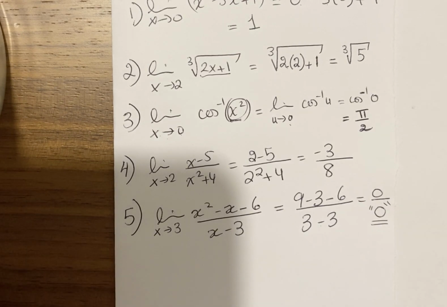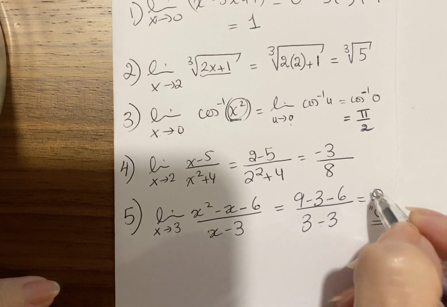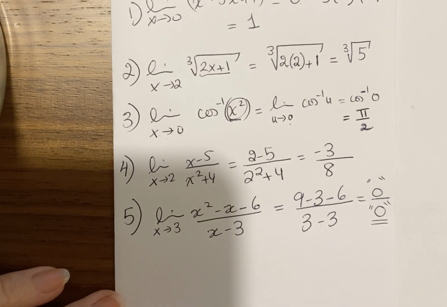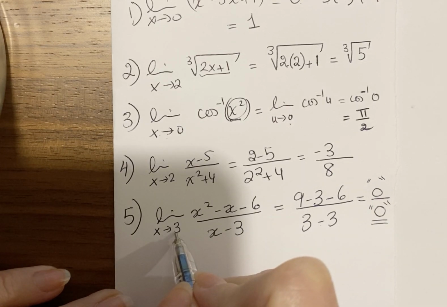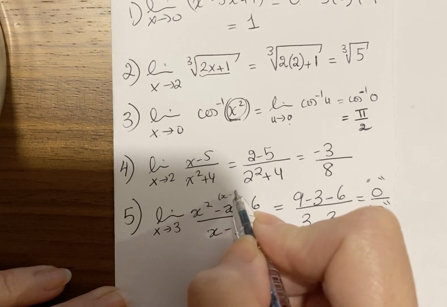This is what worries me. There's a 0 in the denominator. When there is a 0 in the denominator, I need to pause and check my problem. When I pause and check my problem, I see there's another 0 in the numerator. When I see a 0 over 0, this means that when I substituted 3 in the upper term, it caused 0. This means, what do I have hiding upstairs?